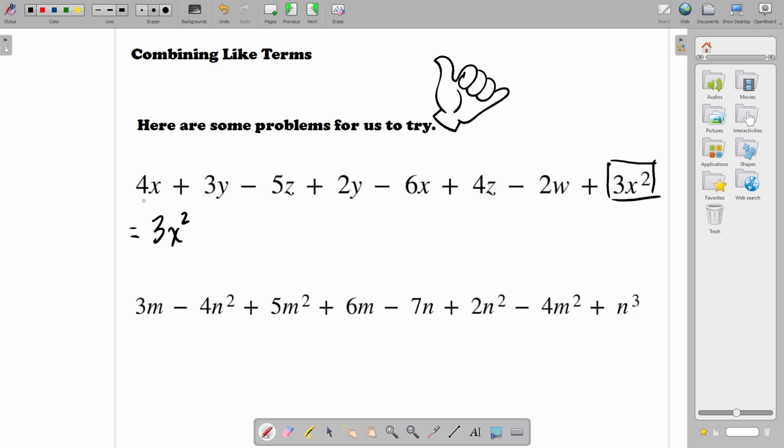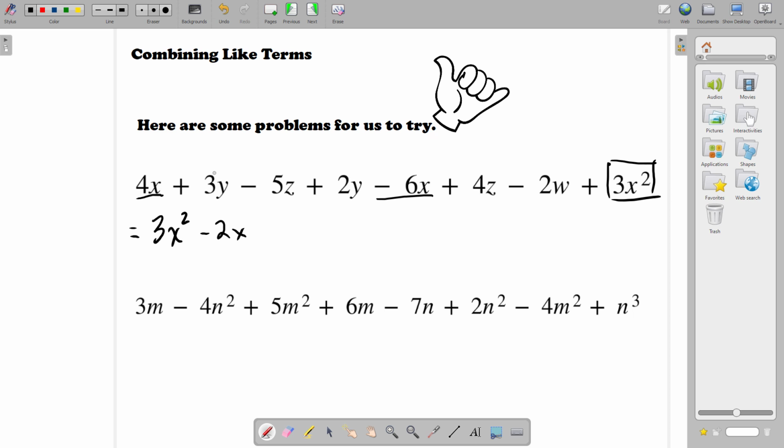Then I need to see if I have any other x terms. There's the 4x, and here's a negative 6x. So if I add 4x and negative 6x, I get negative 2x.